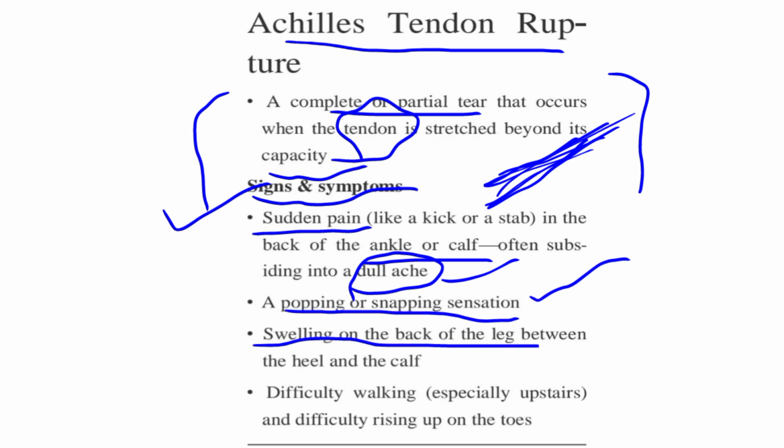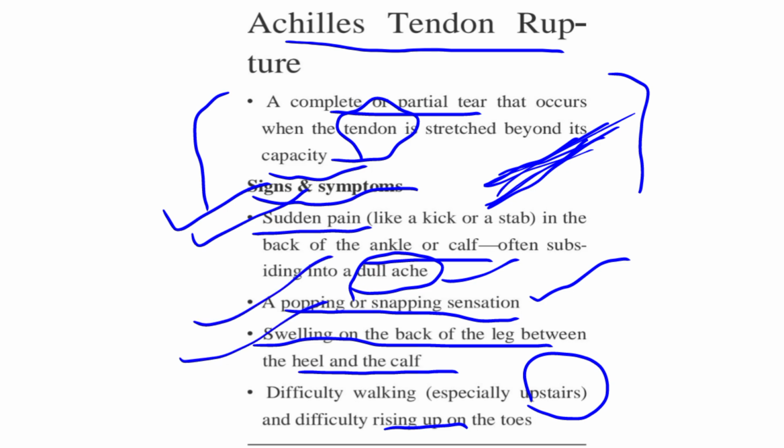Swelling on the back of the leg between the heel and the calf muscles. Difficulty walking, especially upstairs, and difficulty rising up on the toes. Sudden pain, popping sensation, swelling, and difficulty in movement are the signs and symptoms of Achilles tendon rupture.